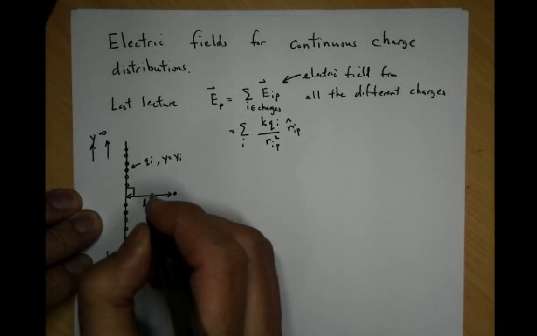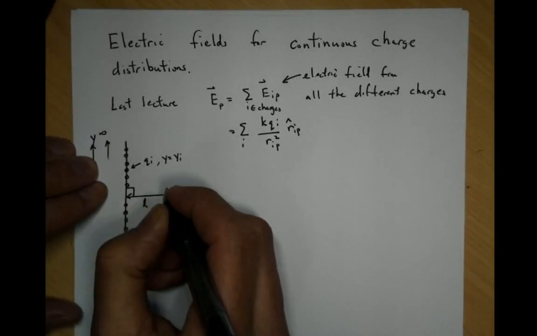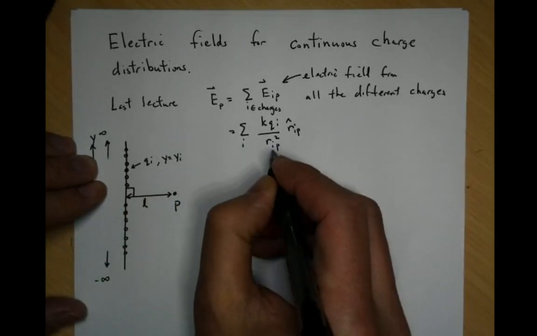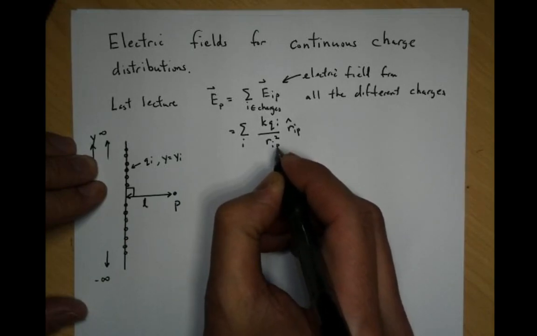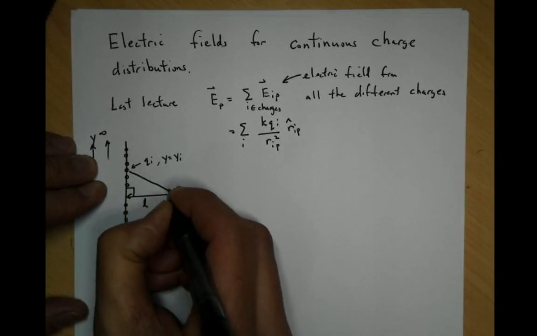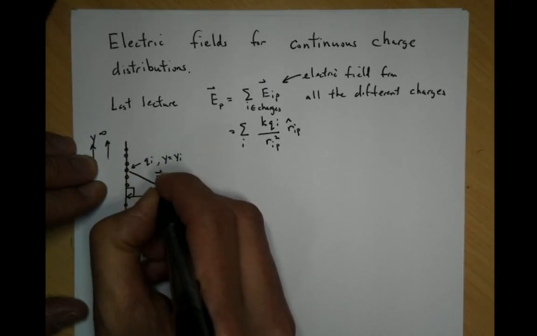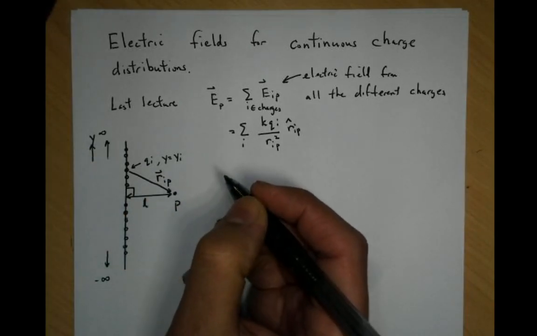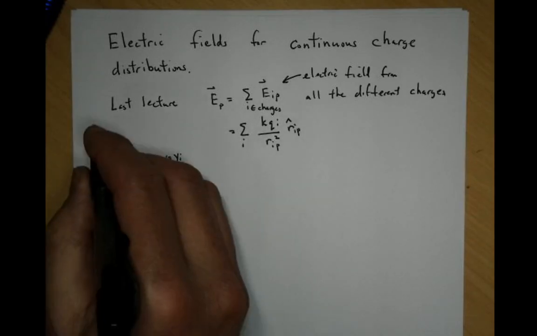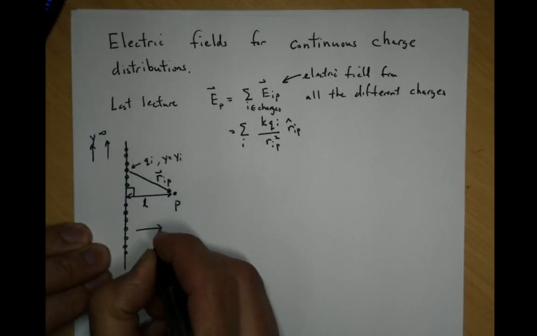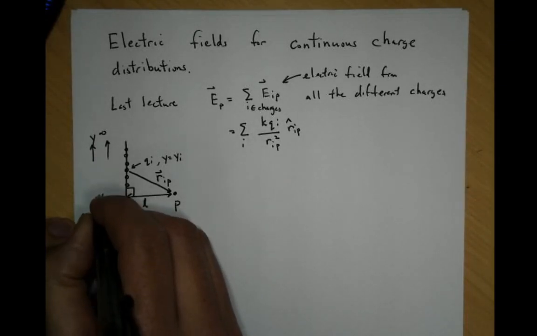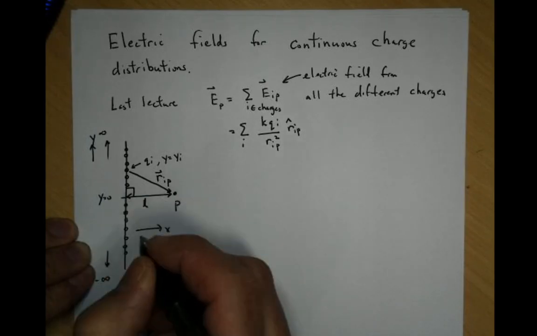So if I do that, let me think about what the electric field is. I need to determine what r_iP is. r_iP is going from the ith charge to position P. So let's go from this ith charge all the way to position P. That's going to have a special form. First of all, if this is my y-axis, I'm going to call this my x-axis, and select this to be y equals 0 and x equals 0 there as well.